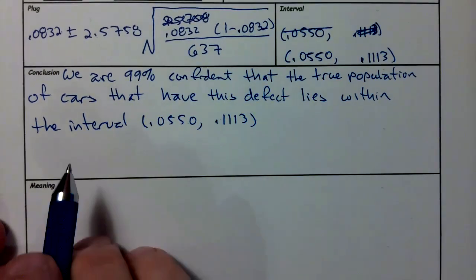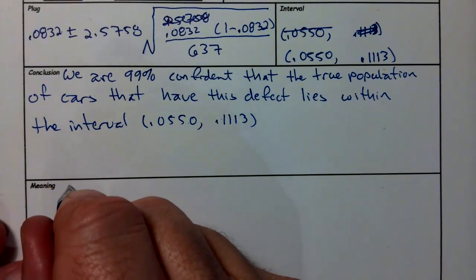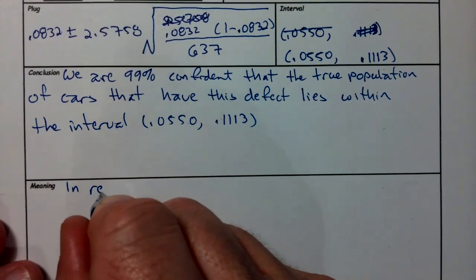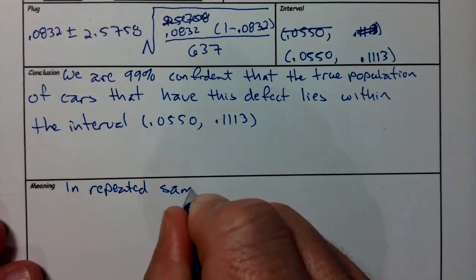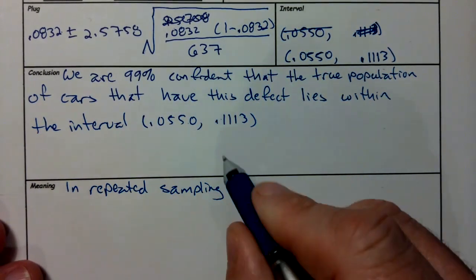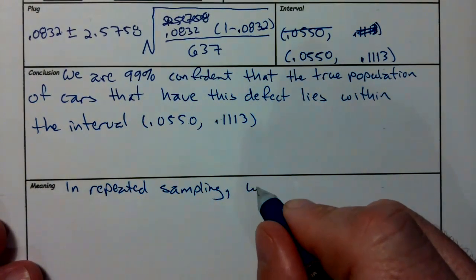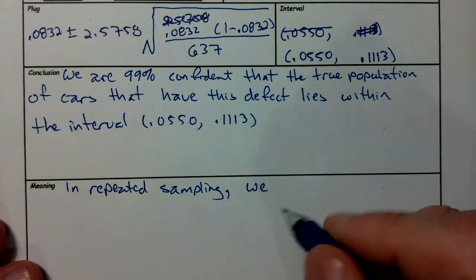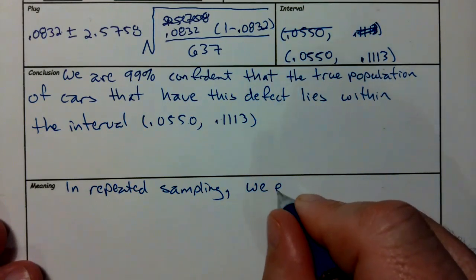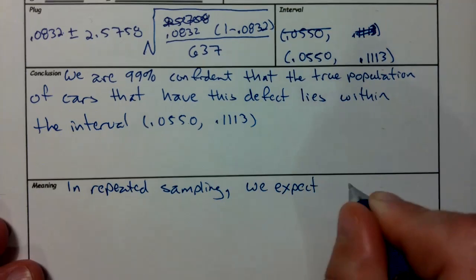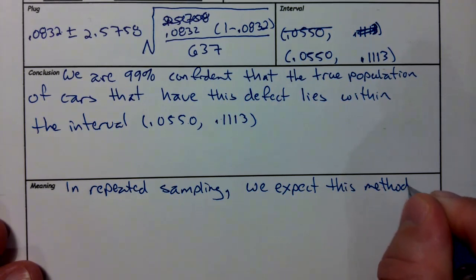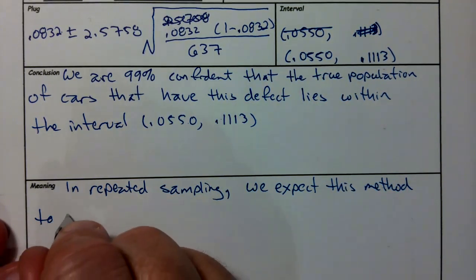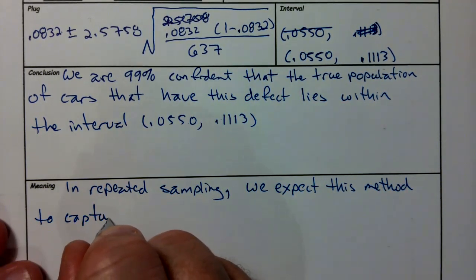And then finally, what is the meaning of our confidence level? In repeated sampling, we are so confident. Our method is so awesome. We expect our method to capture, what's it capturing?